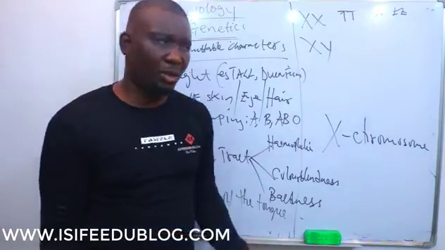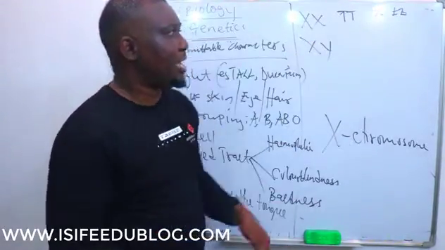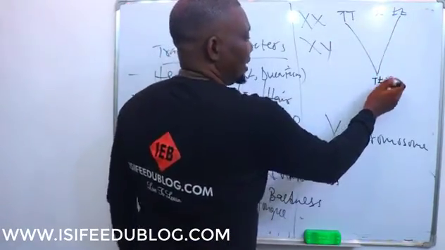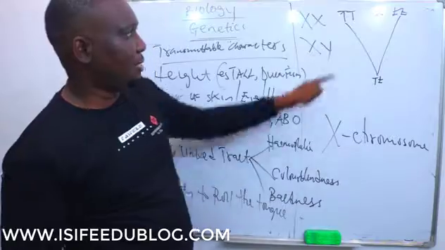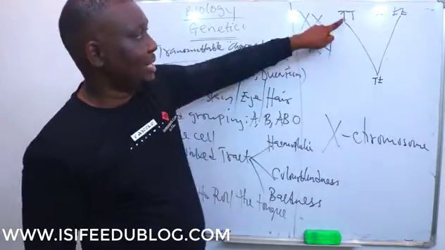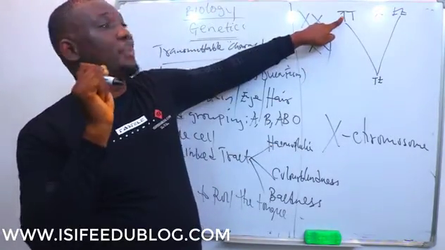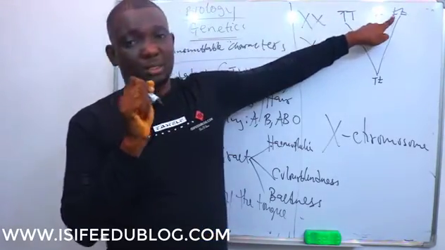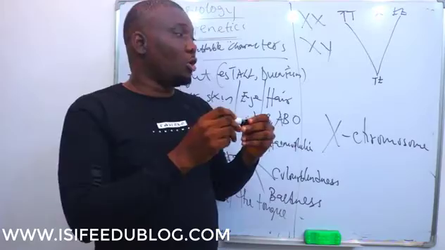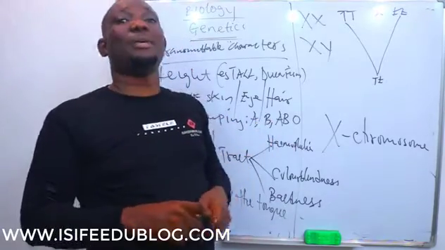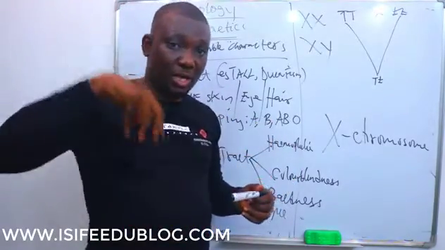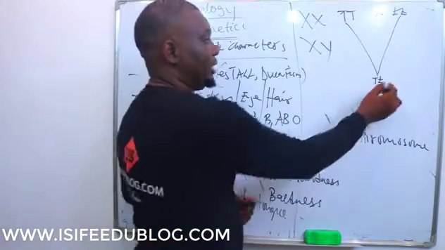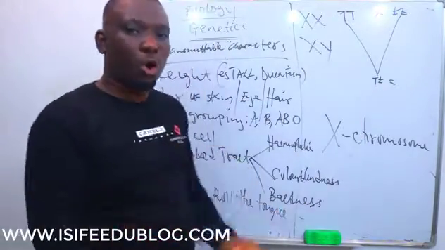Because since this is dominant, every outcome here will be heterozygotes. And since an uppercase letter describes the gene's dominance and lowercase describes the gene's recessiveness, once there is a combination of recessive and dominant characters, the dominant character will take precedence and take control of the physical appearance. So this individual will be a tongue roller.